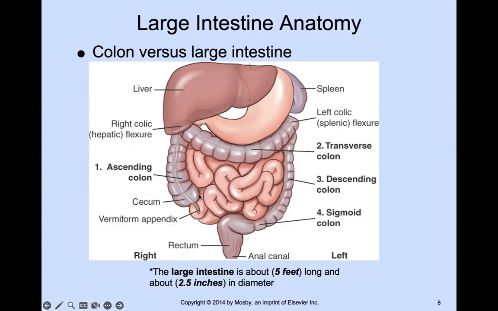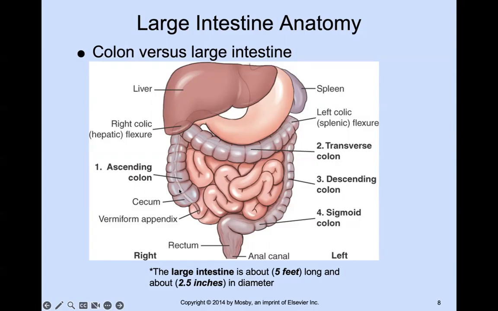And where does the large intestine begin? It begins on the right side, in the right lower quadrant. Okay, so this is the right side, this is the left side, right? We're always looking at everything in the anatomical position. So we start with the cecum, then ascending colon, okay, all on the right side, transverse colon, and descending colon on the left side.